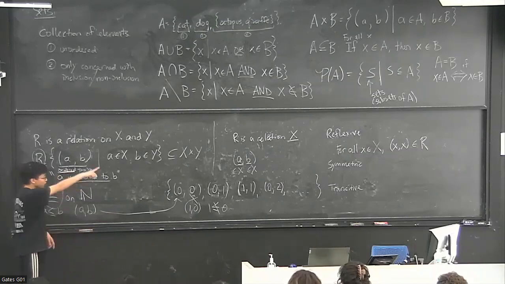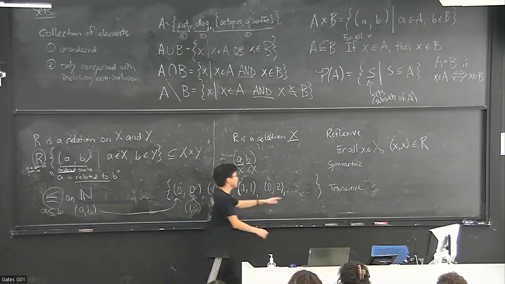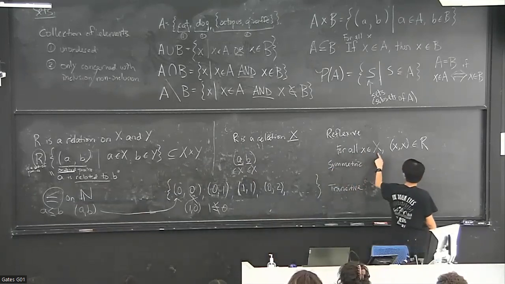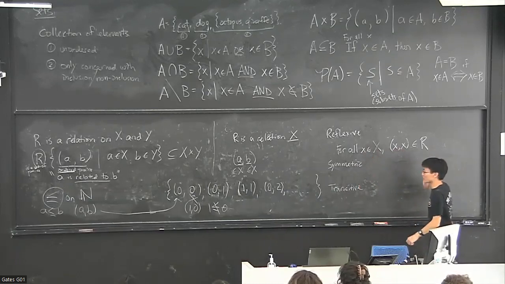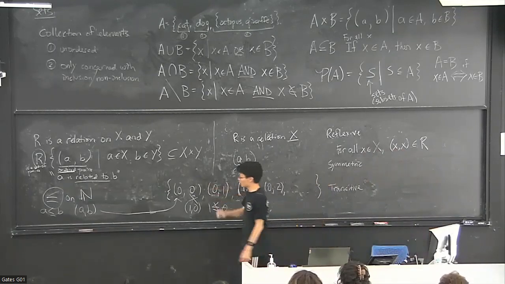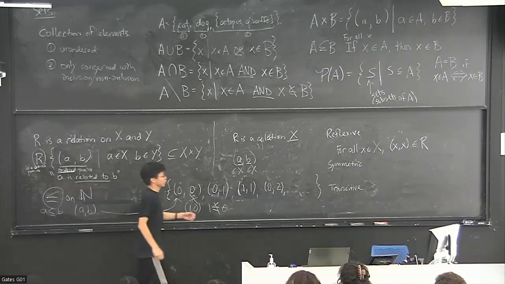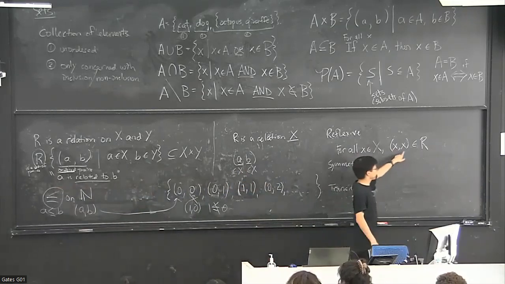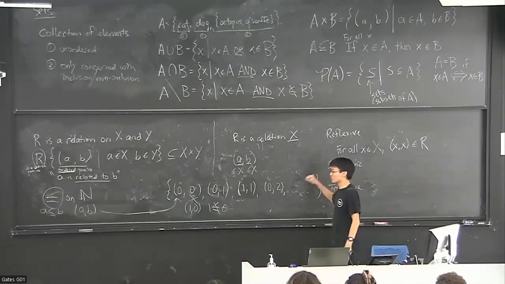Is this relation reflexive? For any natural number x, is (x, x) inside the relation? This less than or equal to is reflexive because whatever natural I have, (0, 0) is inside the relation, (2, 2) is inside the relation, (4, 4) is inside the relation.